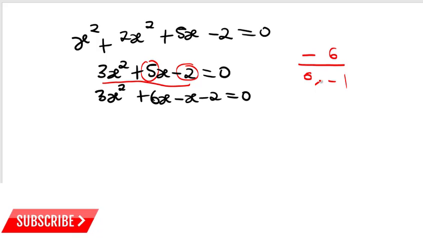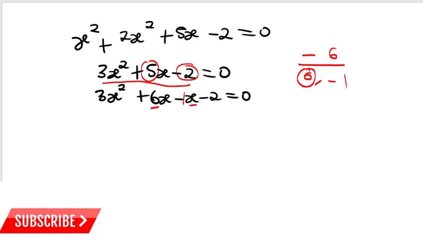So we brought the first term, that is the 3x squared. In place of the 5x, we use the 6, so we have the 6 here, we bring the x, and then we have minus 1 also here, and then we bring the x. Then we bring the constant term there, and that is equal to 0. So the next thing for us to do is we take the first two terms, we factorize.